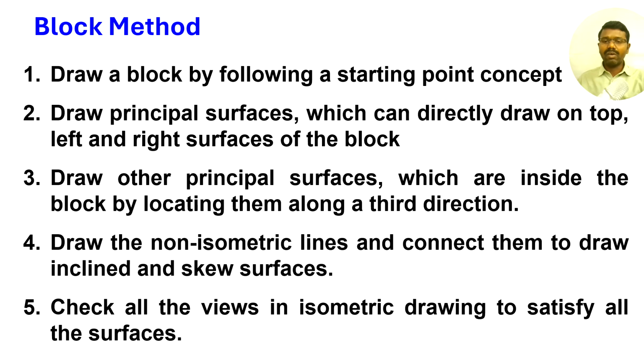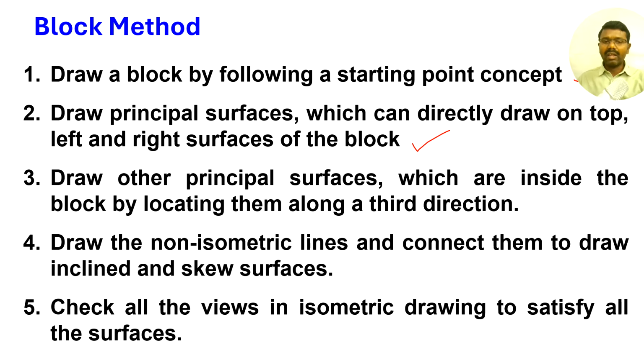Next, after you draw the block, draw the principal surfaces, which can be directly drawn on the top view, left view, right side view or front view, wherever it is possible.